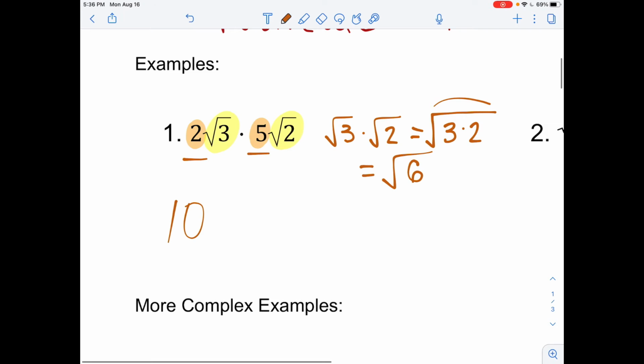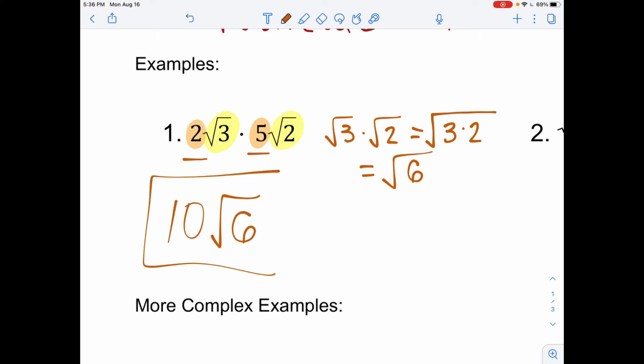So you don't have to show me all this work. I'm just explaining why. Basically, when you multiply radicals, they combine and they go under one radical. So here I have square root 6. And again, that's from saying, okay, numbers go with numbers, multiply my numbers first, and then multiplying my radicals together. And then they all multiply together to get us that final answer, 10 square root 6.